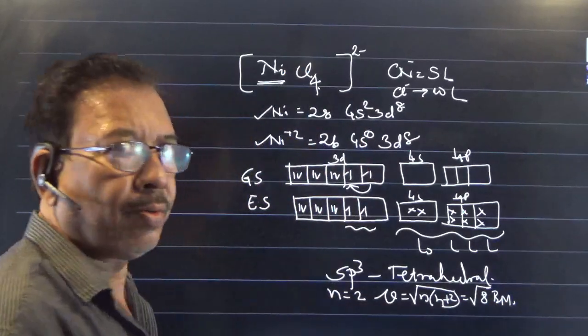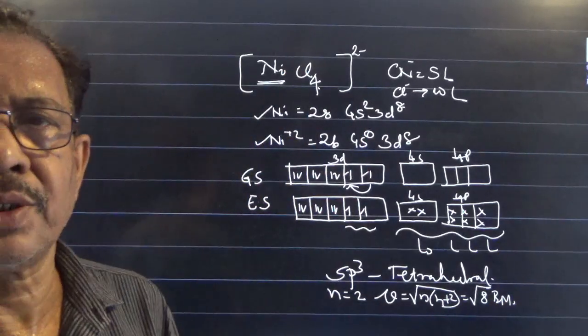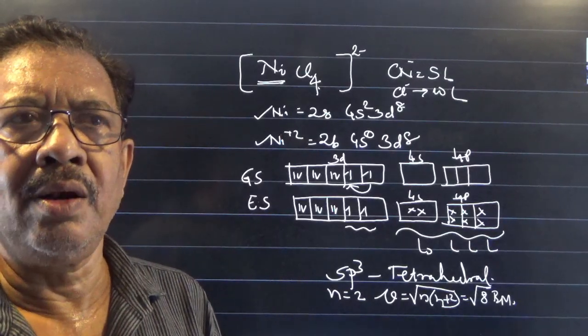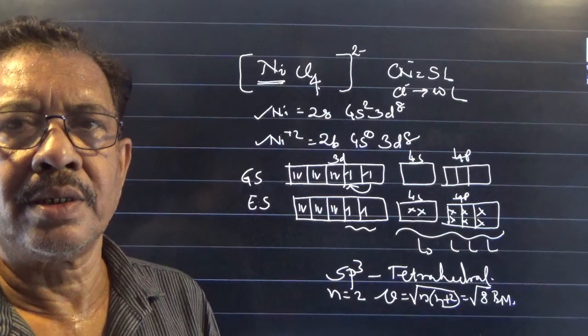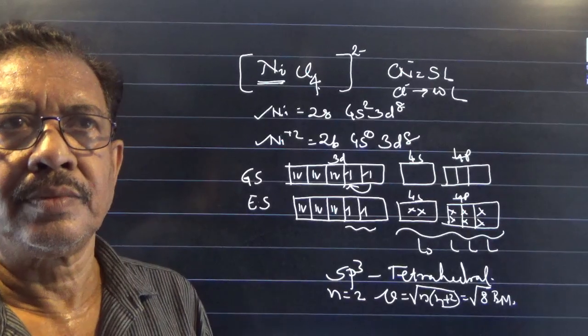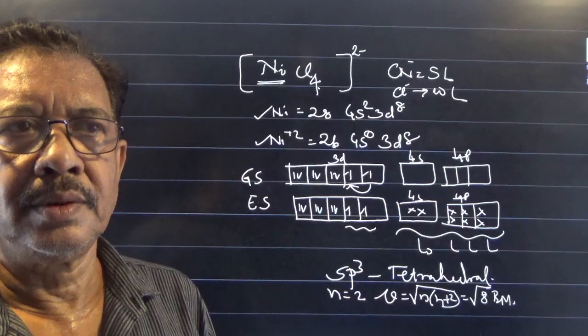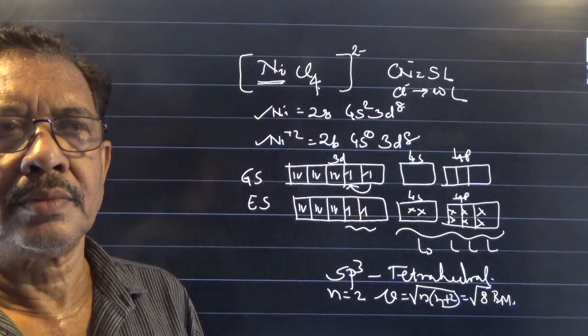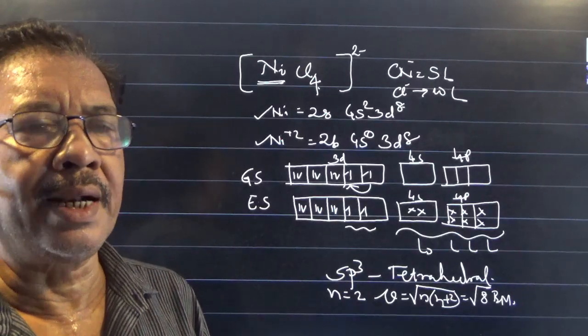This is about the tetrahedral complex NiCl4 2 minus. Is it clear? Yes, sir. Anybody's doubt, you ask right now.